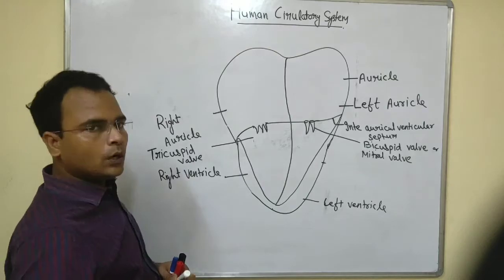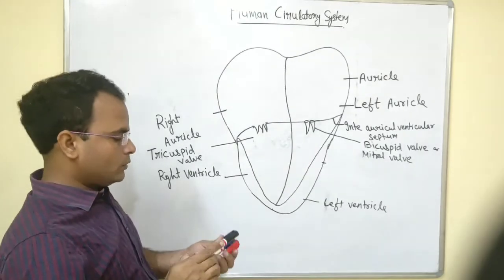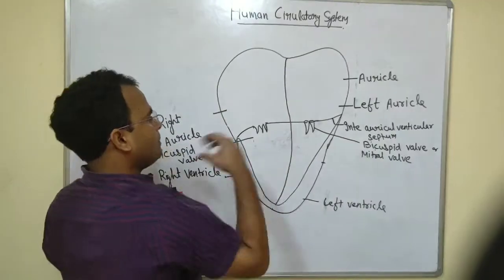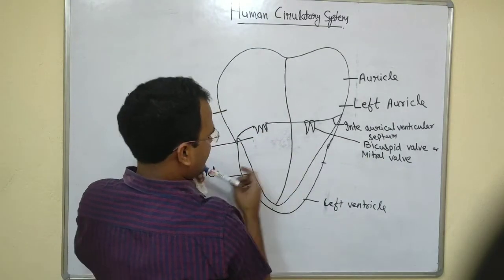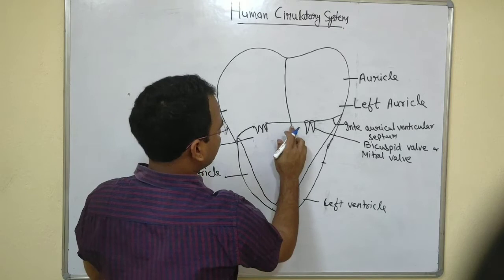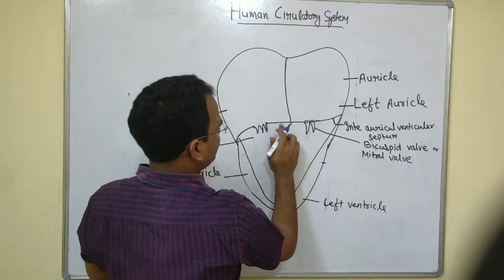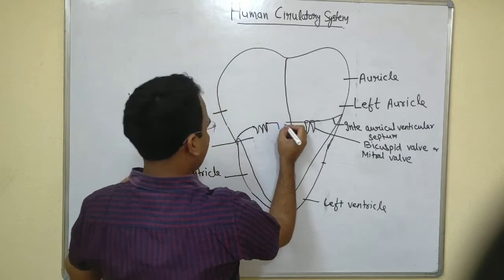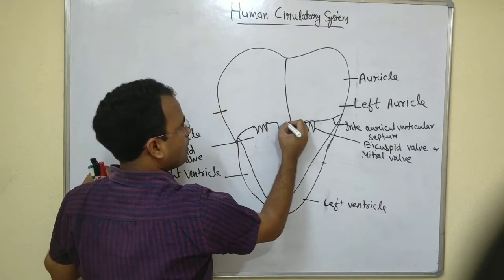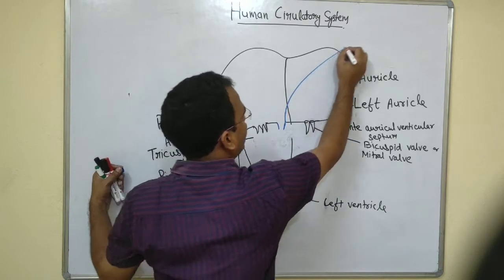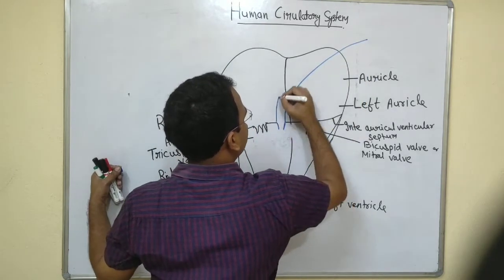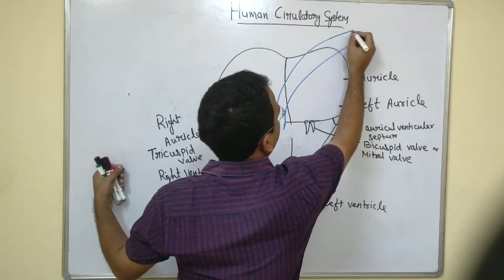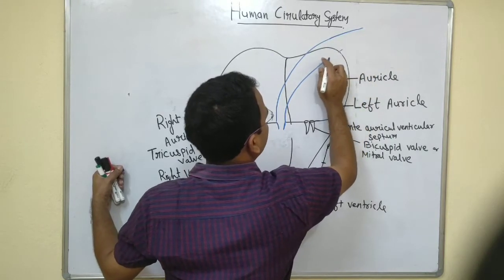Now, how does the blood move, and what are the other portions? From the right ventricle, one more pipe will go. Its name is the pulmonary artery.